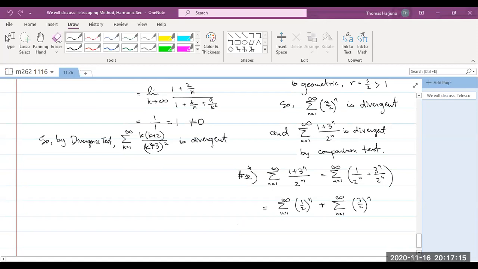Now, the second part you need to argue separately. This guy here is geometric with r equals 3/2, which is greater than 1.